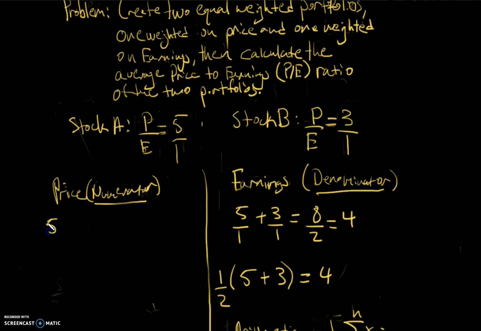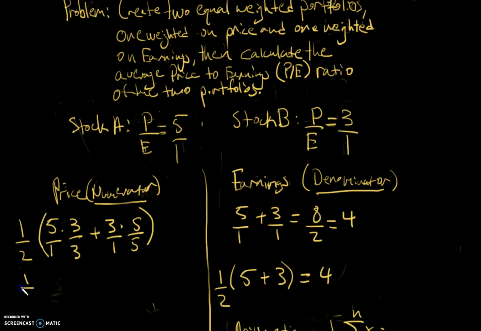So we have 5 over 1 times 3 over 3. That's 3 divided by 3, that's just 1, so I'm multiplying this whole expression by 1. Plus 3 over 1 times 5 divided by 5. And since we're taking an average, let's multiply this whole term by 1/2.